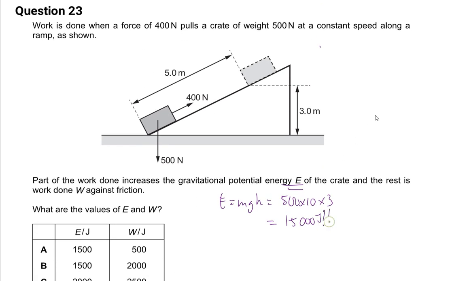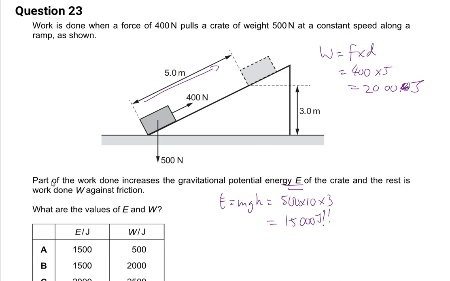Let me work out the work done, which is force multiplied by distance. The force that is pushing it is 400, and the distance travelled is 5, so this is 20,000 joules. Okay, right, and then we need to work out the work done.